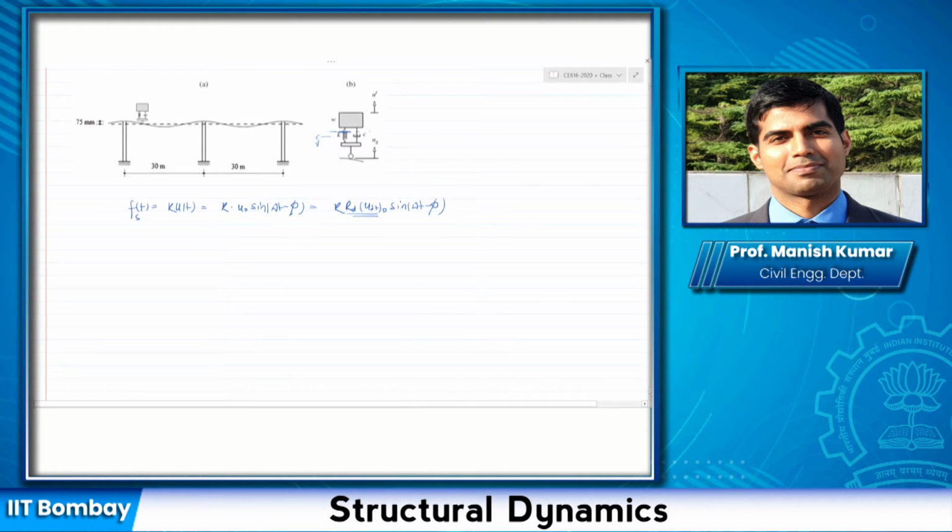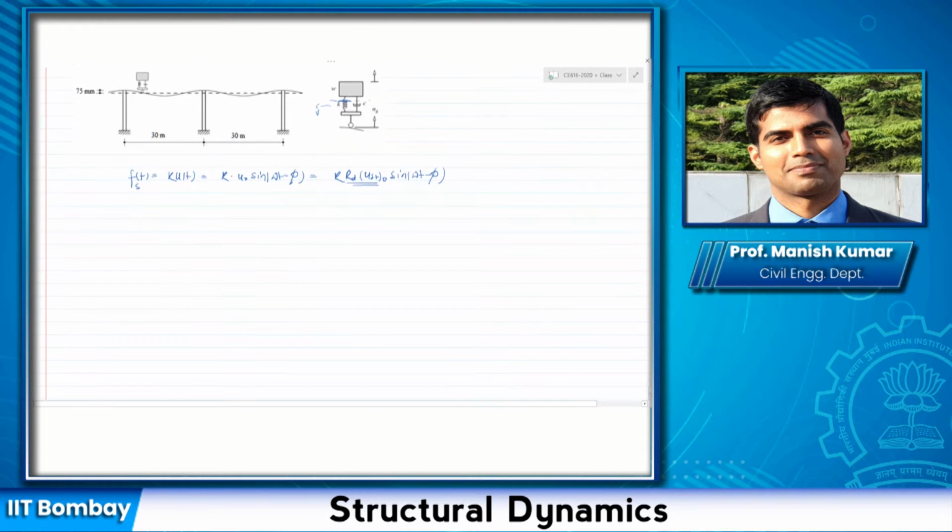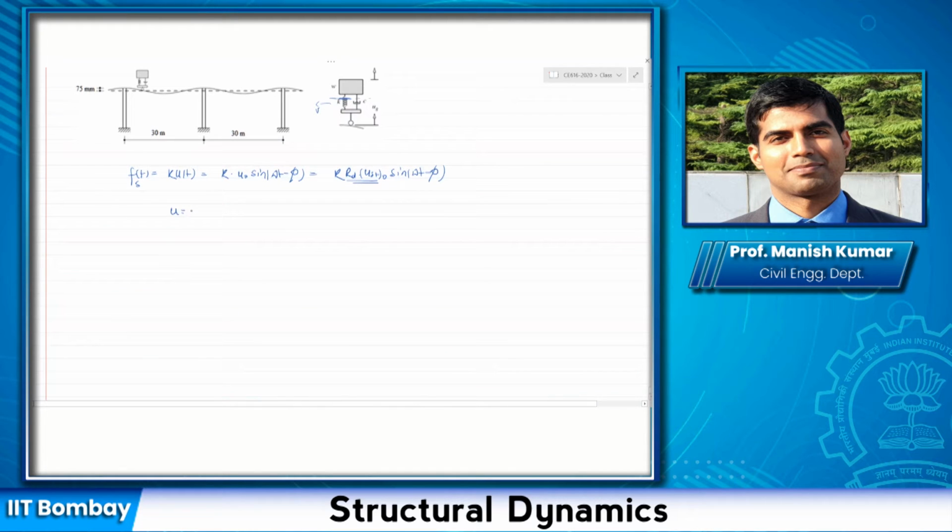Now if you look at this carefully, the excitation is given in terms of displacement, as u sine omega t, where omega is the excitation frequency which depends on the velocity of the vehicle and the span length. In order to get the effective force, remember that u_st is P naught divided by k, times sine(omega t minus phi).